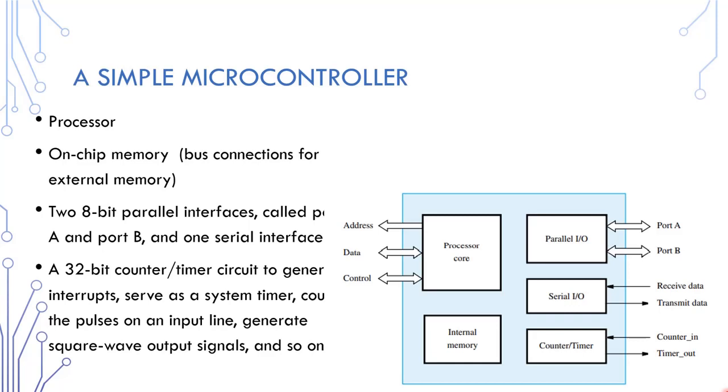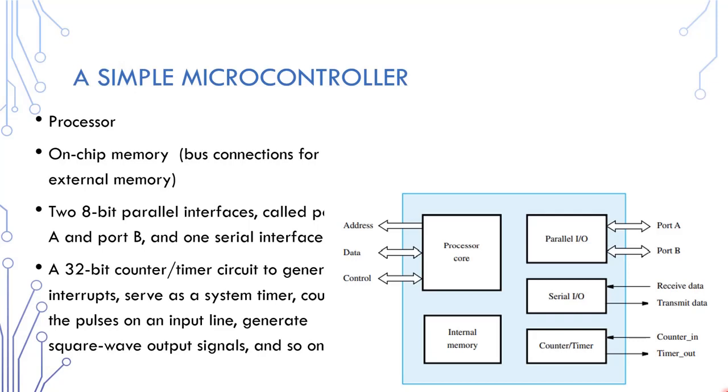This is a processor core with on-chip memory. Since the on-chip memory may not be sufficient to support all the potential applications of the processor, its bus connections can be provided with more pins, and it can be connected to external memory, so external memory can be added.